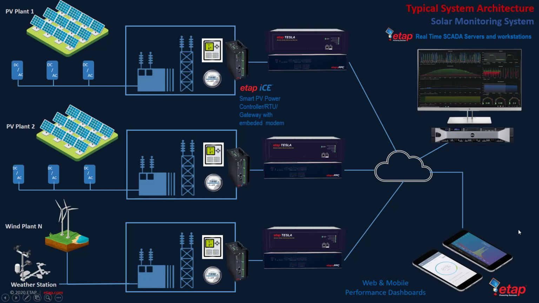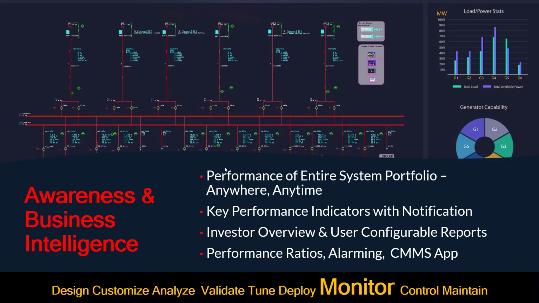And of course, these dashboards are then available on mobile for you to also visualize and see the trends and get an overall summary of each individual site in the system. ETAP SCADA, along with the HMIs, provide the awareness and business intelligence required to get the performance of the entire system portfolio through mobile as well as desktop environments.